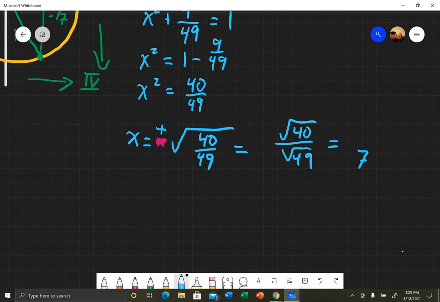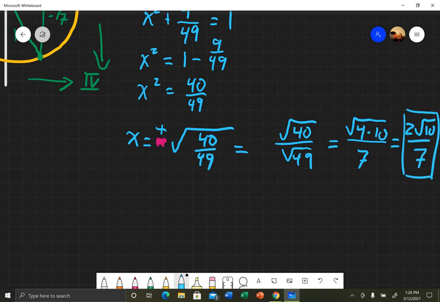Square root of 40, can we rewrite this? Well, we can. We can rewrite this as the square root of 4 times 10. And when you're splitting apart a radical like this, you're trying to find perfect squares. So we're looking for 4, we're looking for 9, we're looking for 25. And so in this case, 4 times 10, we've got that, which is just 2 square root of 10 over 7. Okay?